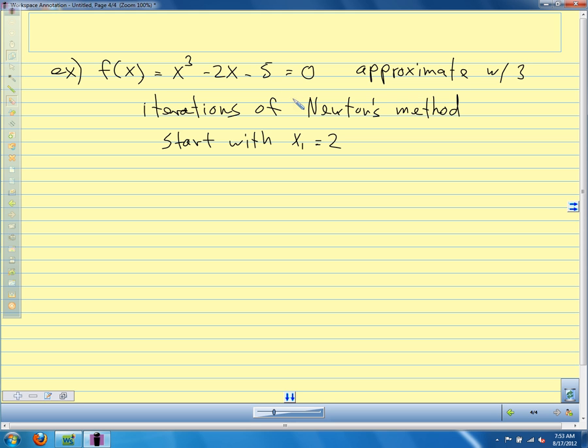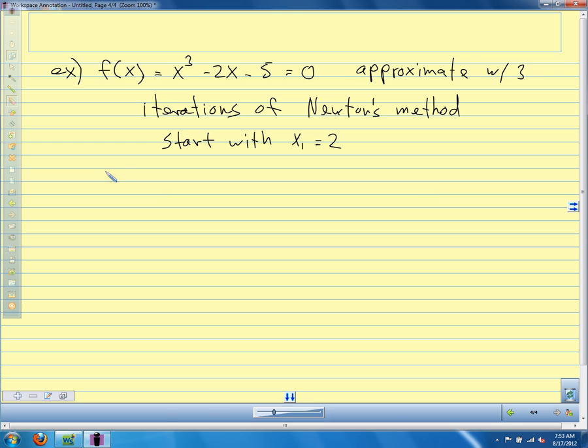So we know that our estimate has to be somewhere between 2 and 3. So we're going to start with an initial estimate of 2. That's how I came up with this initial estimate.